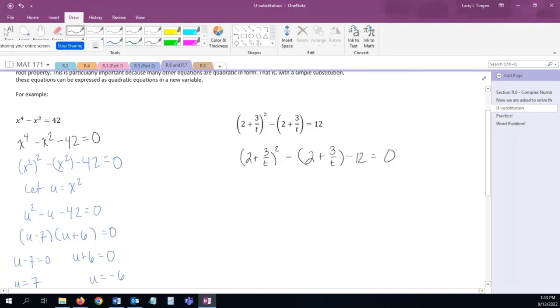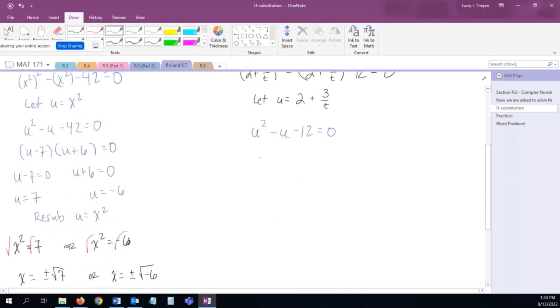Again, if I could make this look like a quadratic, I could factor it. Then let's let u equal 2 plus 3 over t. If I do that, now I have u squared minus u minus 12 equals 0. Right? Same thing as before.